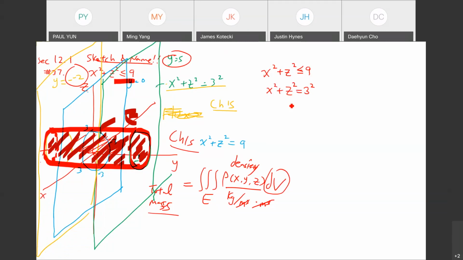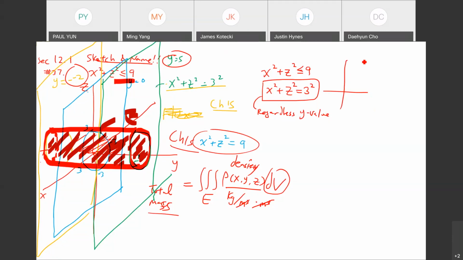All right. Let's think about what that means. It says regardless of y values, x and z must satisfy this relationship. So look at this one, the sky blue one. There, x and z must satisfy this relationship. What is that guy here? Basically, x and z, it is a circle, right?